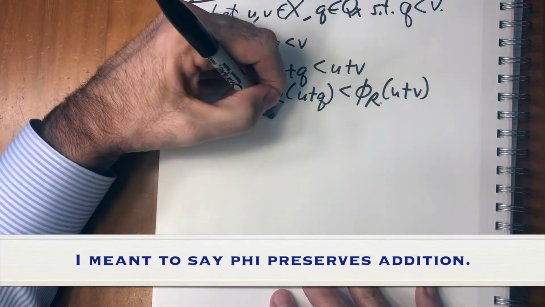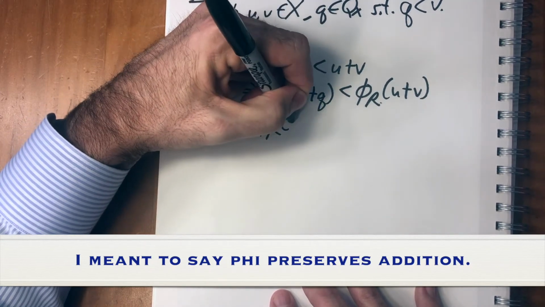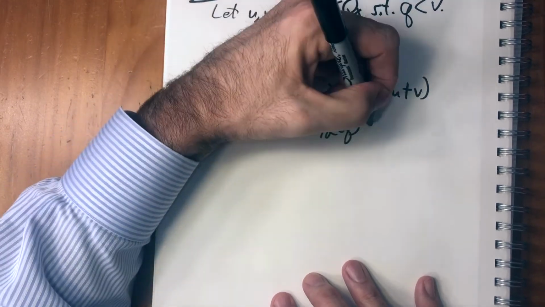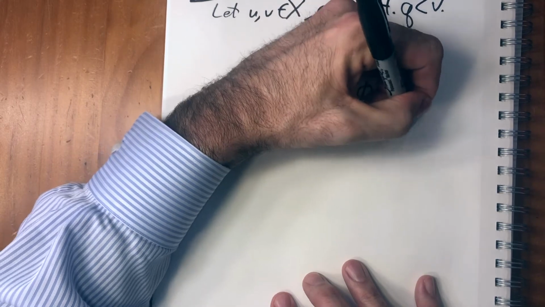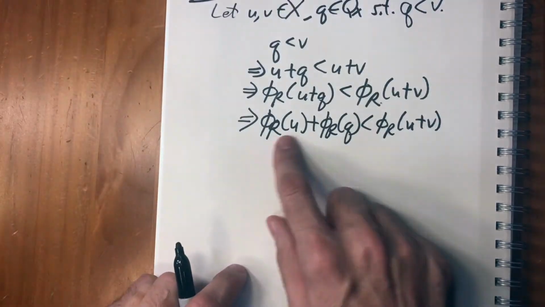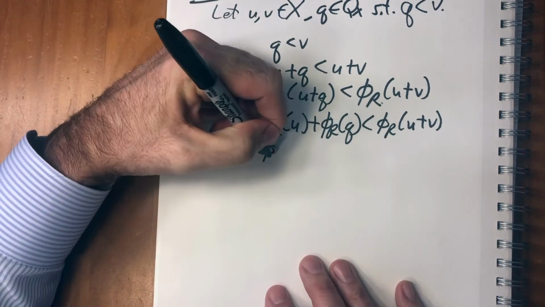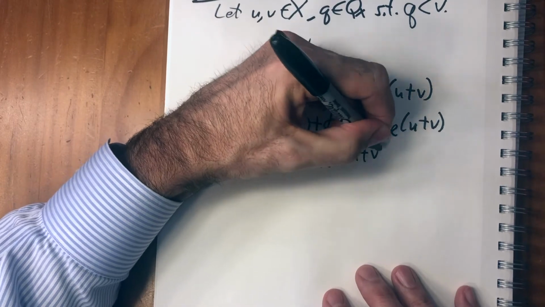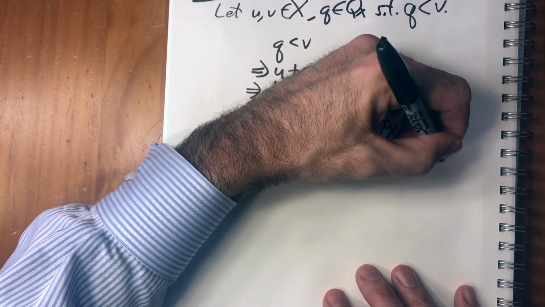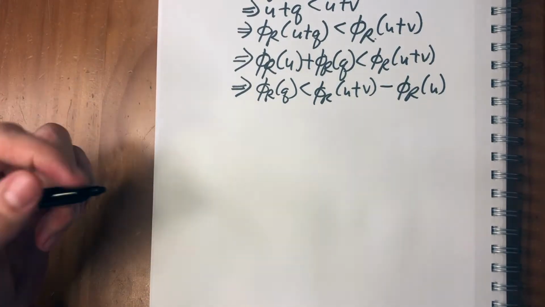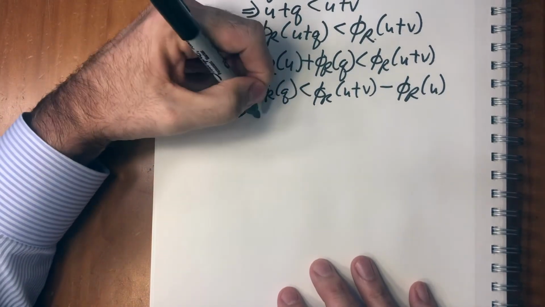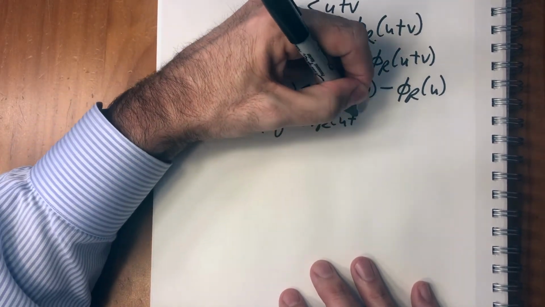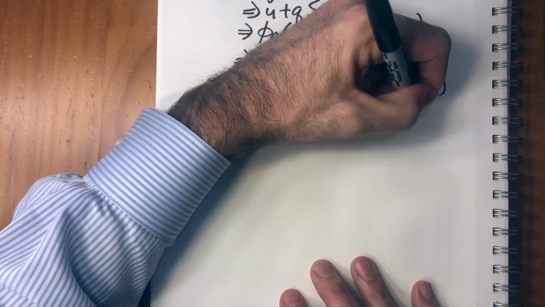So this means that phi r of u plus phi r of q is less than phi r of u plus v. Okay, now let's move the u to the other side. So we have phi r of q is less than phi r of u plus v minus phi r of u. And now, because this is rational, using P3, we have that phi q of q is less than phi r of u plus v minus phi r of u.